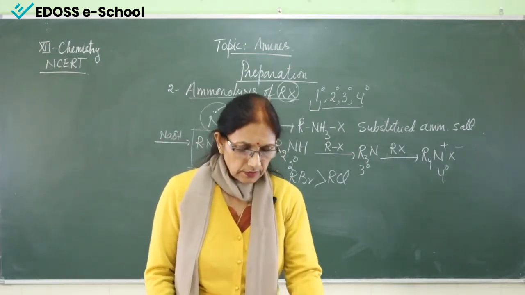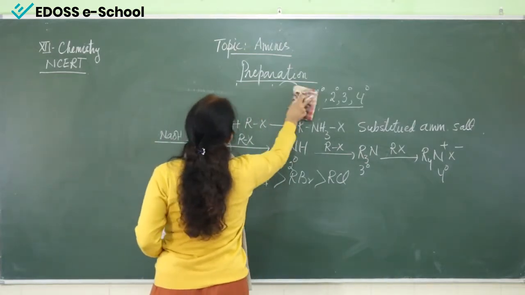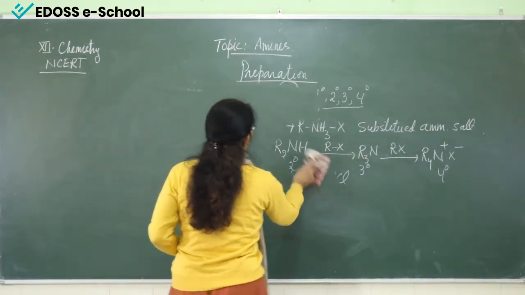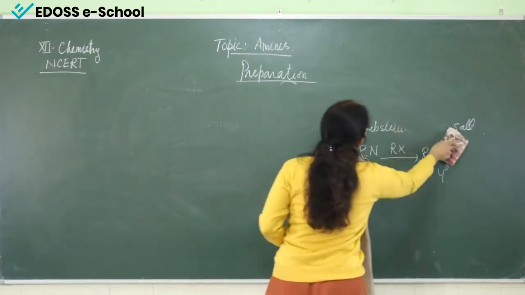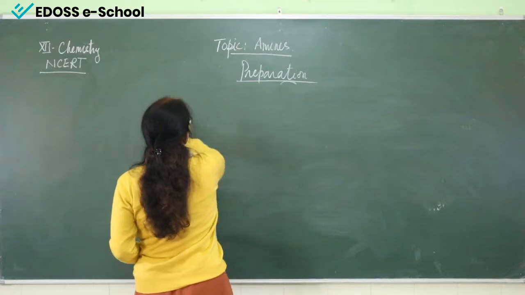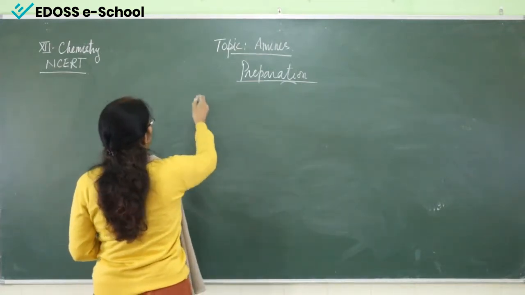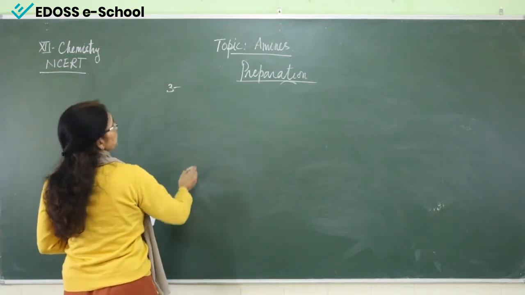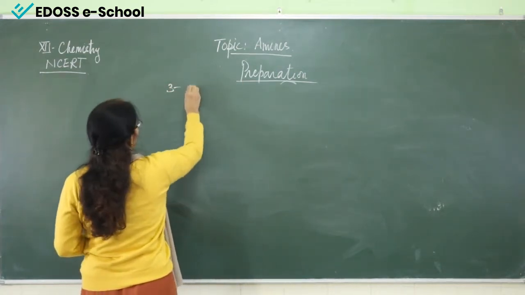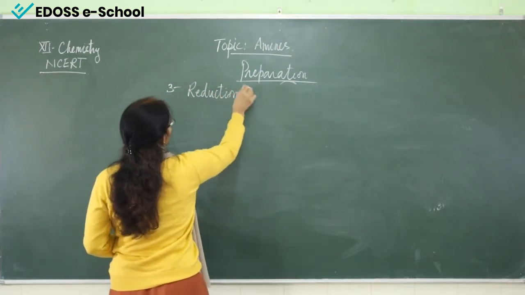Now we are coming to the next preparation, third preparation. Now the third method of preparation of amines is reduction of nitriles.